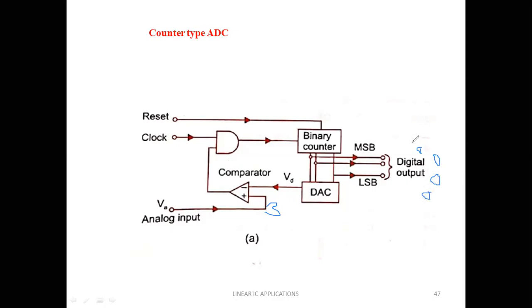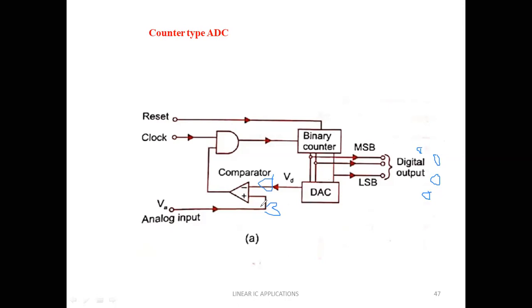So the digital output is 0, 0, 0, 0, and this is applied to the DAC initially. The output of the DAC is 0 volt, and this 0 volt is compared to the 3 volts.